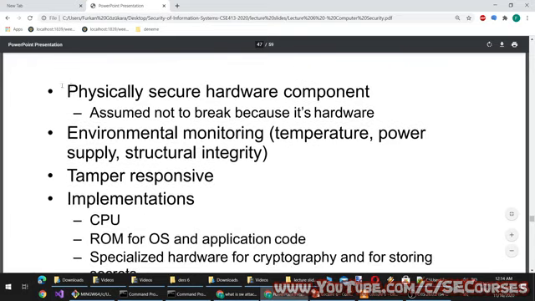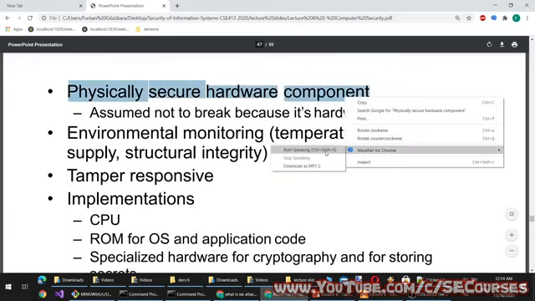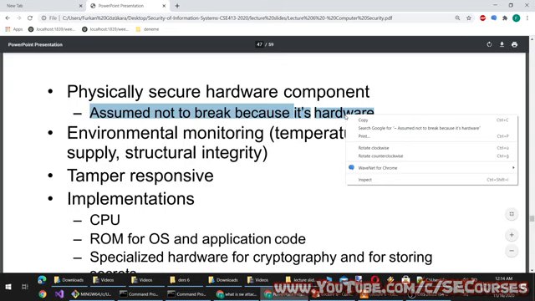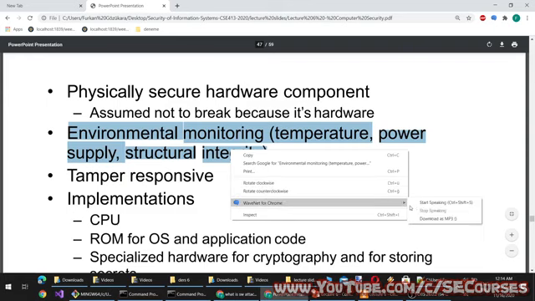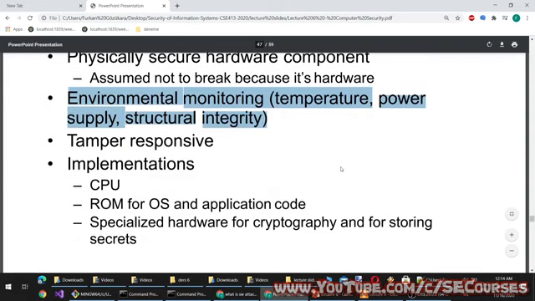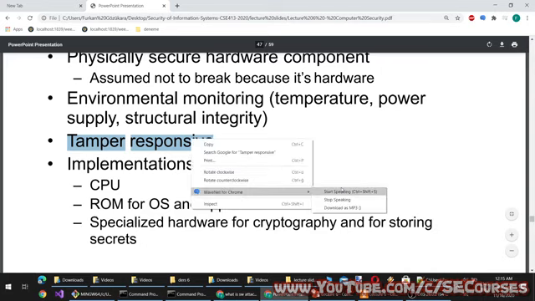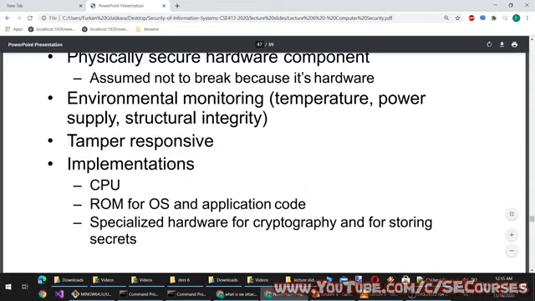Characteristics of trusted hardware. Physically secure hardware component. Assumed not to break because it's hardware. Environmental monitoring: temperature, power supply, structural integrity. Tamper responsive.